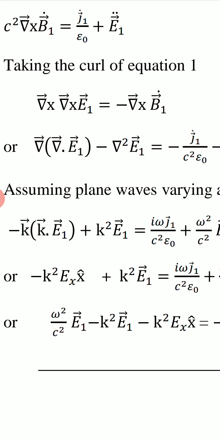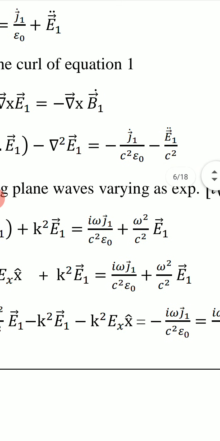So we have del of del dot E1, and then minus A dot B times C. A dot B is del dot del, which is del square. So we have minus del square E1 vector.